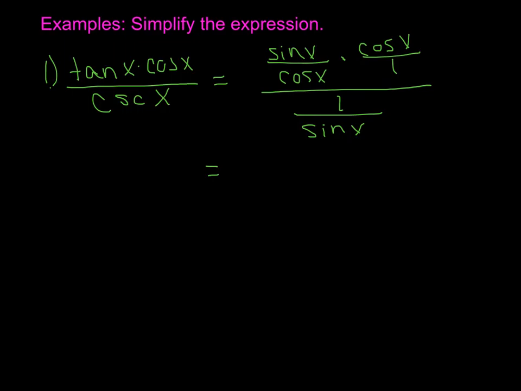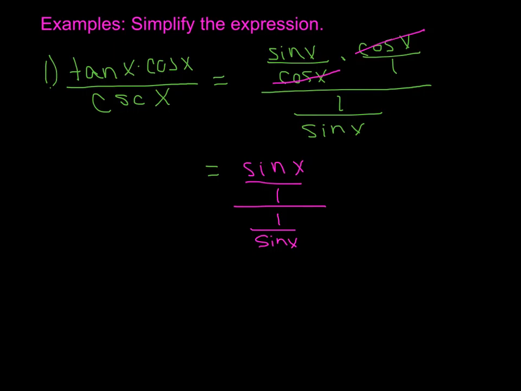So I can cancel diagonally. So cosine x and cosine x cancel. So in my numerator, I end up with sine x over 1. And in my denominator, I end up with 1 over sine x.